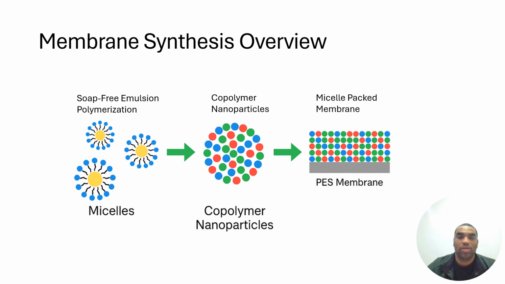And the third, 0.25 DMC-PES, which has the lowest DMC content, leading to reduced hydrophilicity and weaker charge interactions. So these three variations allow for tuning of membrane separation properties for different biomolecules by altering the copolymer composition.